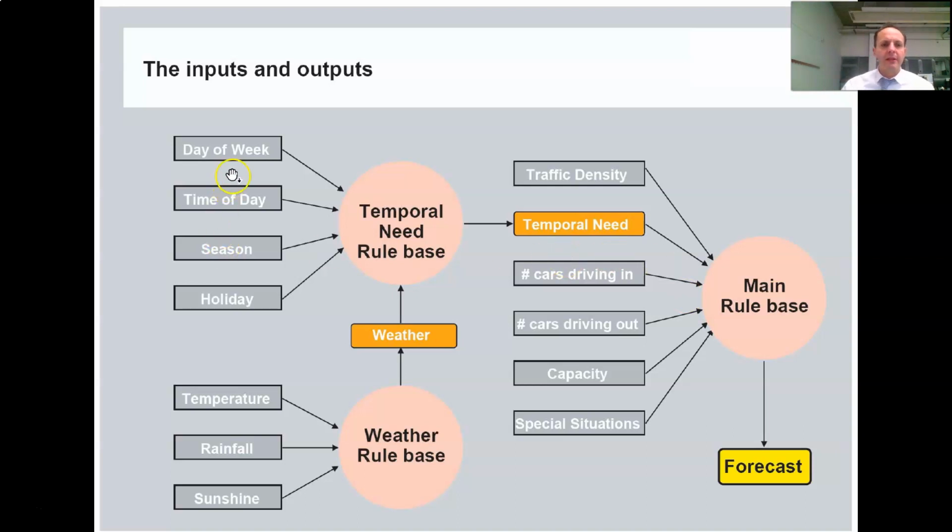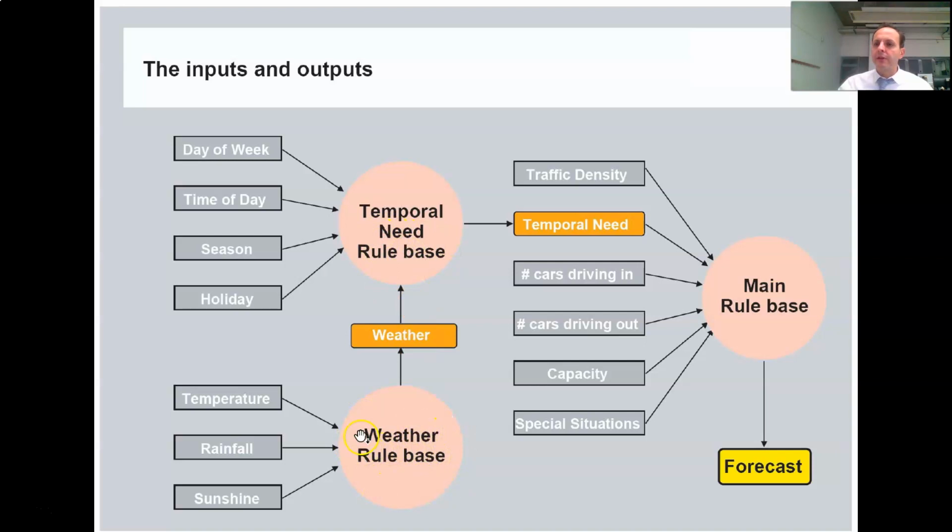so it depends on the day of the week, the time of the day, the season, the holiday. We have a rule-based system which is evaluating the day and the period of time, and also considering the weather.